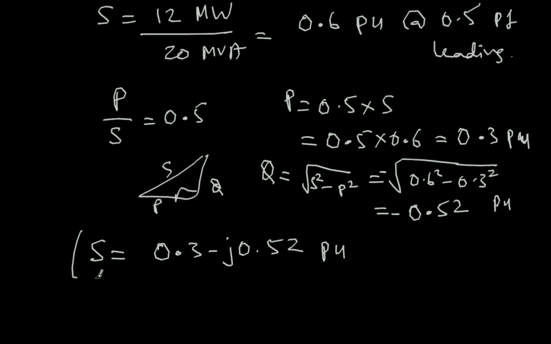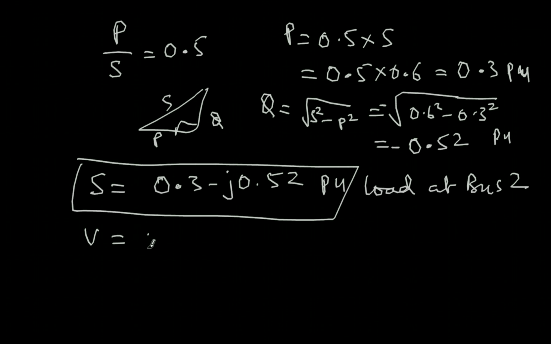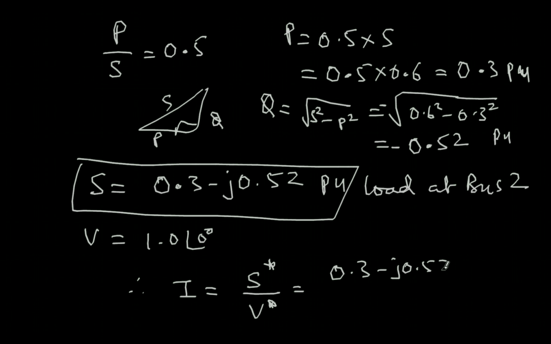So this is the load on the loaded bus 2. And what is the voltage? Voltage is 1 angle 0 degrees. Therefore, the current is S conjugate divided by V conjugate. That is 0.3 minus j0.52, and here I'll make it plus because of the conjugate.